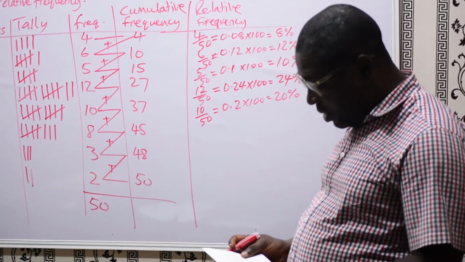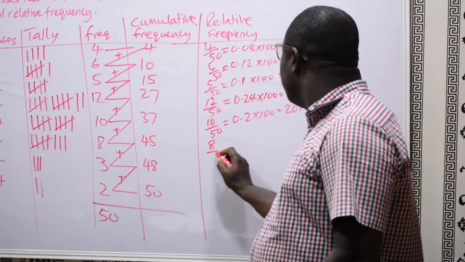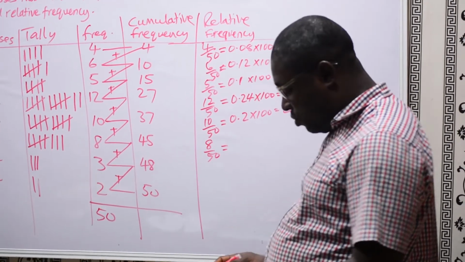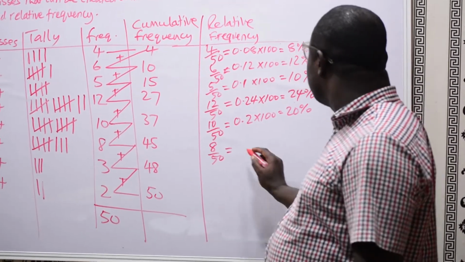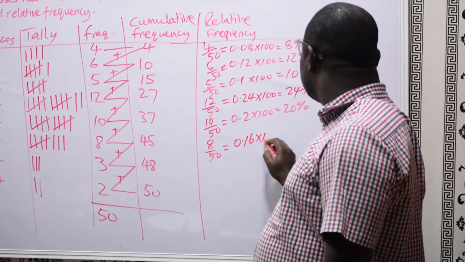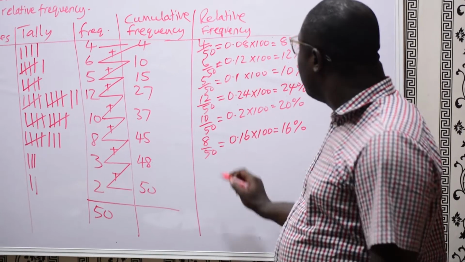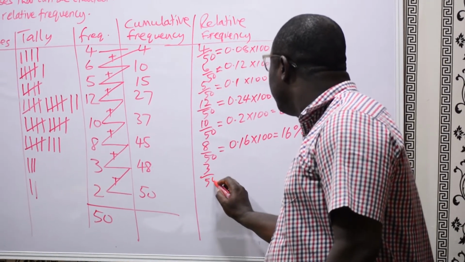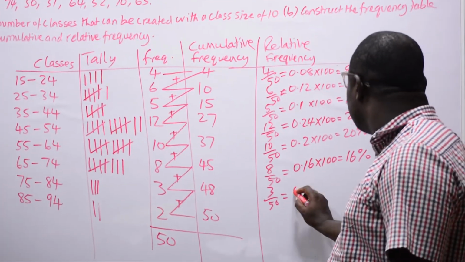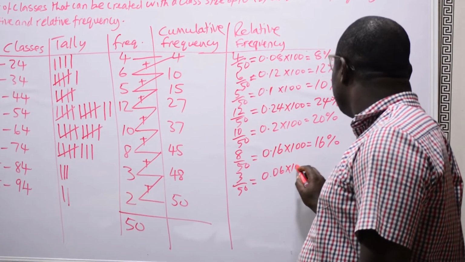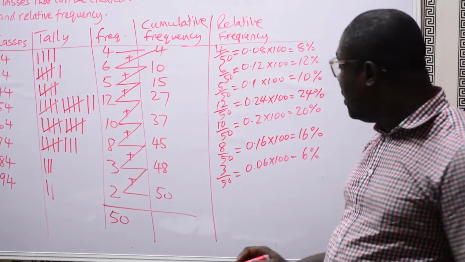The next one is 8, so I have 8 divided by 50. This will give us 0.16. 0.16 times 100 will give us 16%. The next one is 3 divided by 50, which will give us 0.06. 0.06 times 100 will give us 6%.